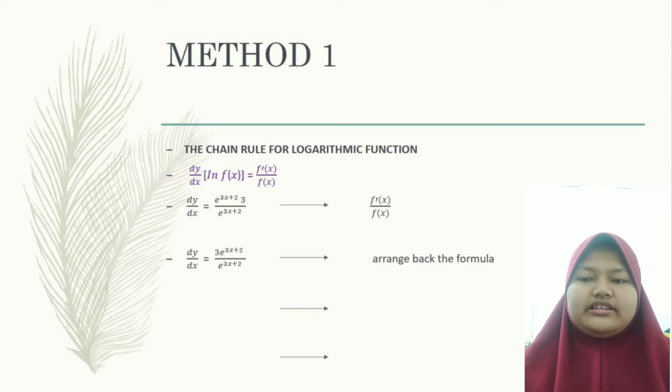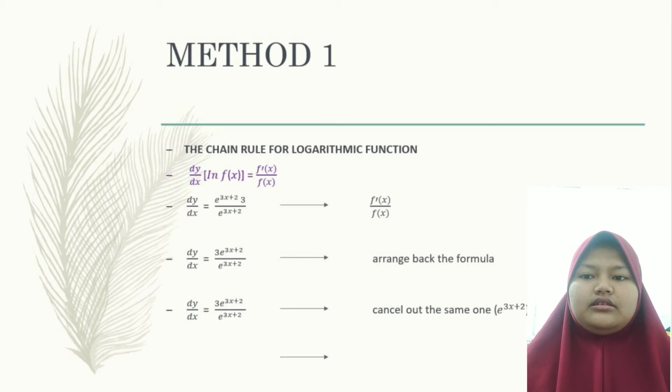Then we get 3 e power of 3x plus 2 divide e power of 3x plus 2. We cancel out the same term, e power of 3x plus 2. So we will get dy per dx equal to 3.